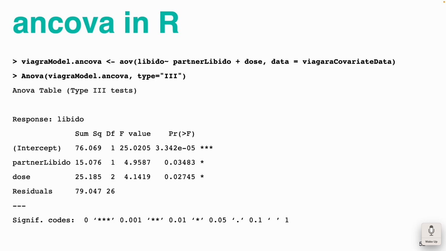Partner libido has a significant value at p < .05, as does dose. So what we find is that the covariate is a significant predictor, so it has a link with the outcome. Usually we do that just to take away the error, but you can also conclude that there's an effect if you're interested in studying that. And then the dose is also significant, so we know that dose still has an effect. Okay. So basically it just removes some more of that error, and it lets us study that as a potential variable if you'd like.